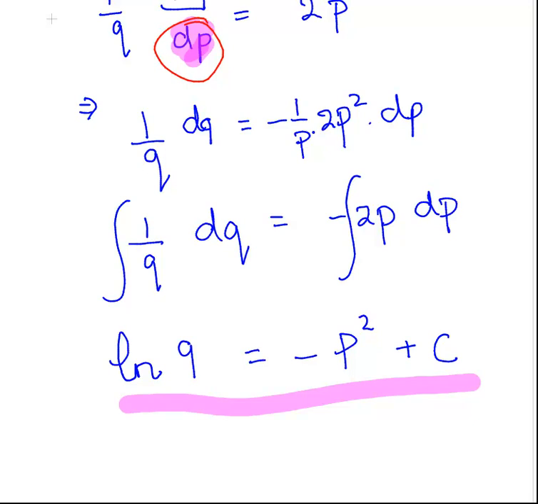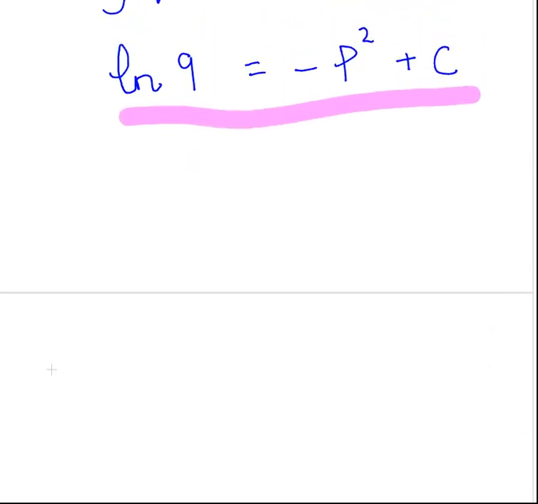And now I'm going to take this one step further. I've just set up a new page there. What I'm going to do is take the exponential of both sides. So we have the exponential of log of q, which you should probably guess now is q, and that's equal to the exponential of minus p squared plus c.